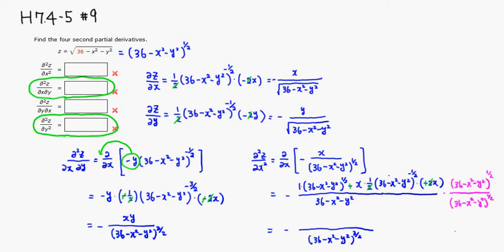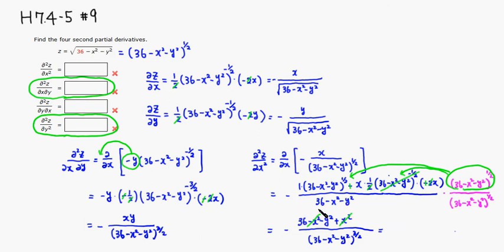If you distribute this guy to the first term, the 1/2 power will be gone, so you're going to end up getting 36 minus x squared minus y squared. Then if you distribute this guy to the second term, and this guy actually cancels out, what's left is going to be plus x squared. So we can cancel minus x squared and plus x squared there.